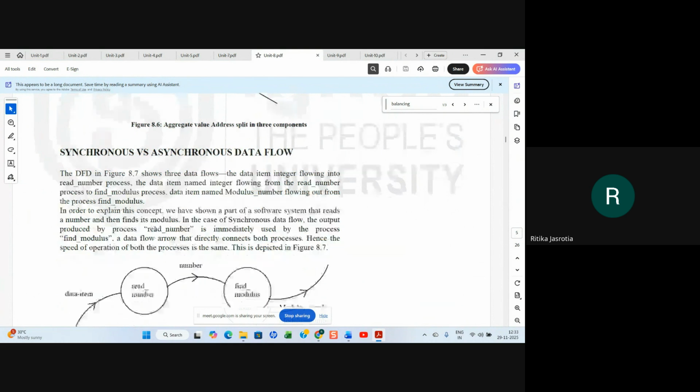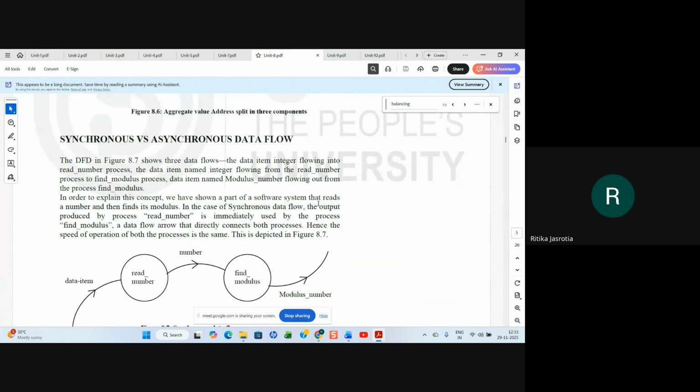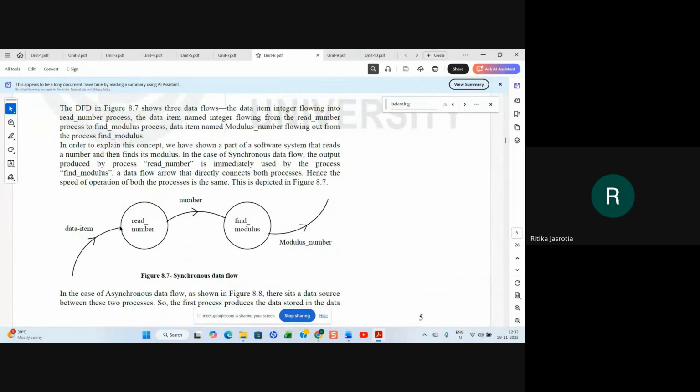To explain this concept, we have shown a part of a software system that reads a number then finds its modulus. In synchronous data flow, the output produced by read number is immediately used by find modulus, with a data flow arrow directly connecting both. So the data item is passed to read number, it reads the number, then the number is passed to find modulus, which finds the modulus and gives you the output.